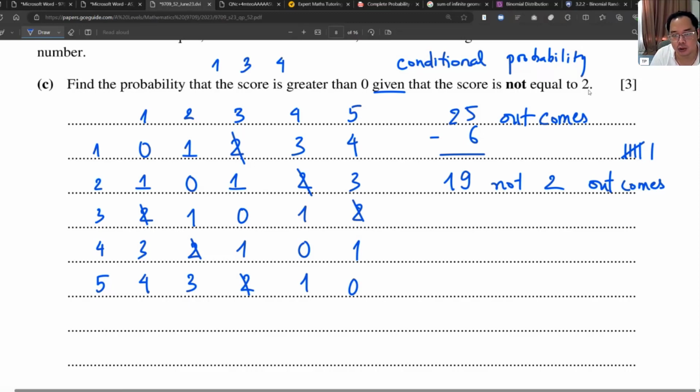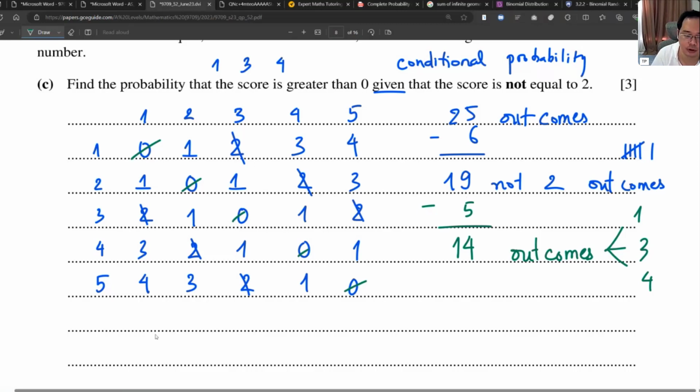And so we count the values which are not greater than 0 also, and therefore we will remove the value 0 also from the counting. There are 5 zeros, and therefore 19 minus 5, we get 14. So here are the 14 outcomes with the value 1, 3, and 4, which are not 0 and which are also not 2.